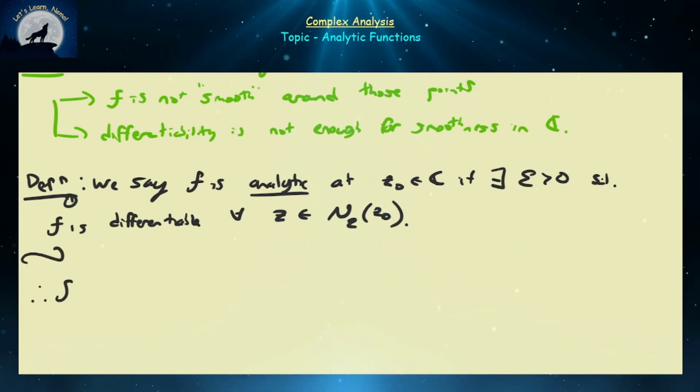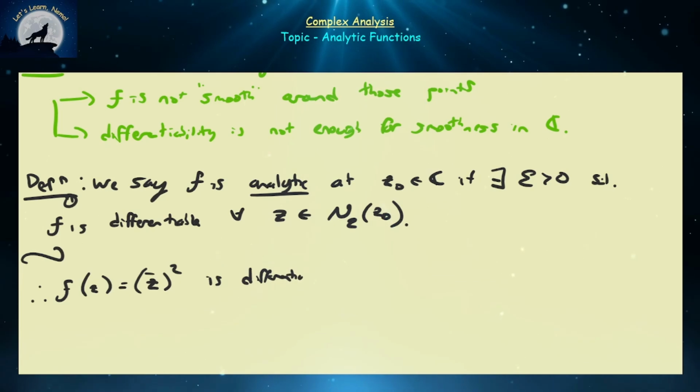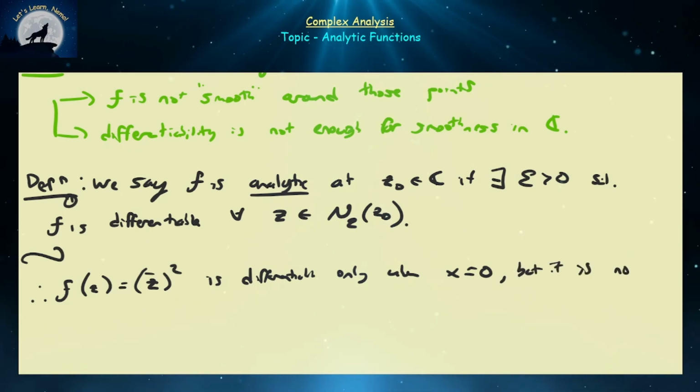Right? So that means f(z) equals z bar squared is differentiable only when x is equal to 0, but it is not analytic on x equals 0.